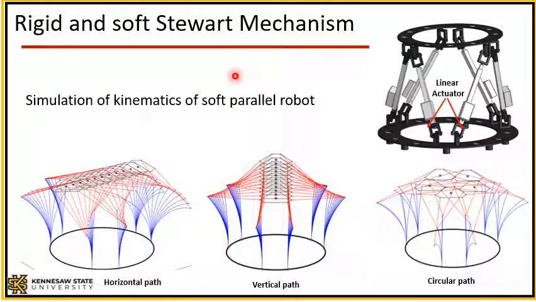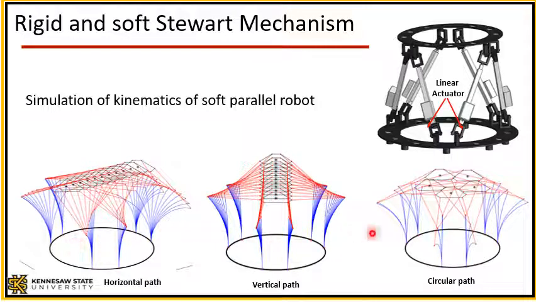As a final example on kinematics of soft parallel robots, we will study the structure of the Stewart mechanism. A Stewart mechanism has 6 degrees of freedom, meaning that the end effector can move in X, Y, Z direction and can rotate in roll, pitch, yaw angles. We'll start with the rigid mechanism and then we'll extend our analysis to a soft version.